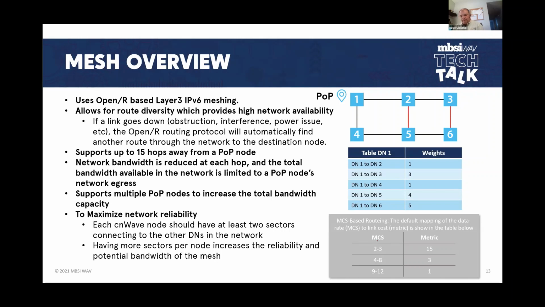So let's talk a little bit about the mesh for a moment here. There's a standard for it, and generally the meshing is based on layer 3 as opposed to layer 2. Devices or networks that are still all layer 2 are generally a tree type or a hub and spoke type of configuration.